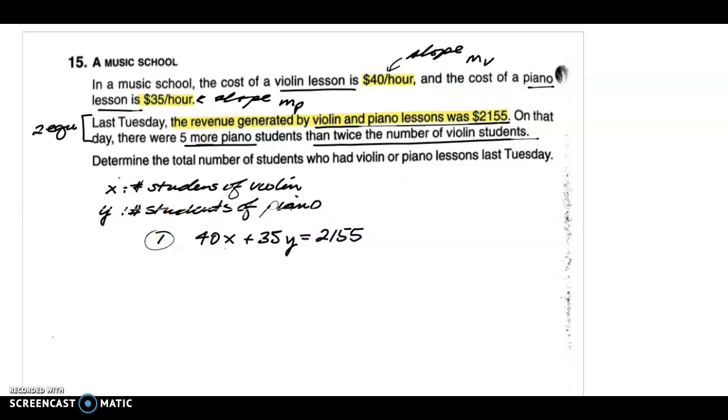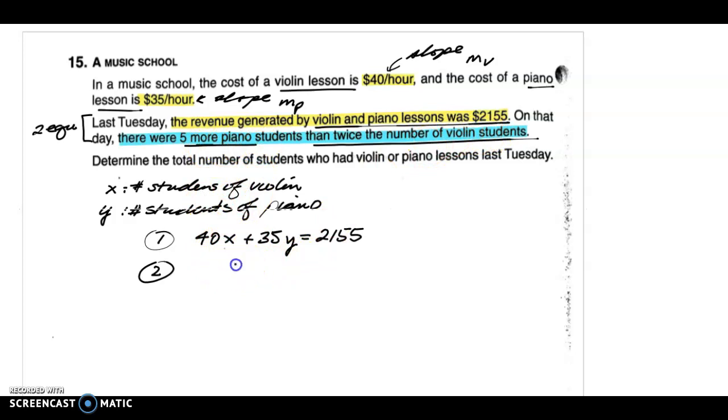The second equation, which I'll do in blue here, there were 5 more piano students than twice the number of violin students. Okay, so I have to turn that word problem into a second equation. So there are 5 more piano students than twice the number of violin students.